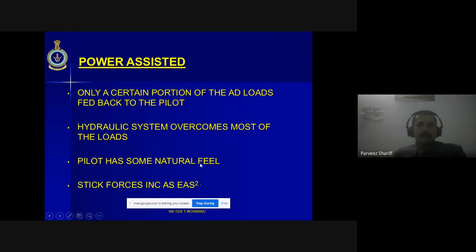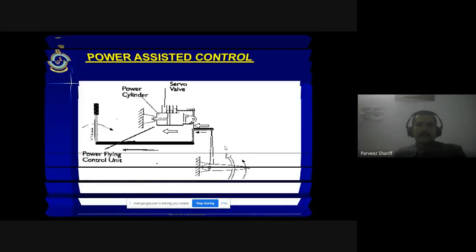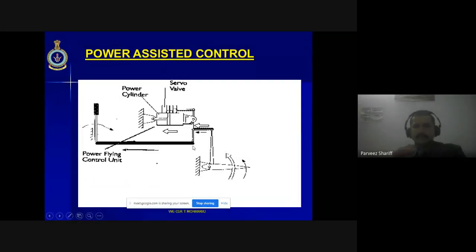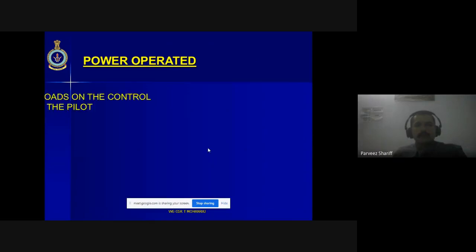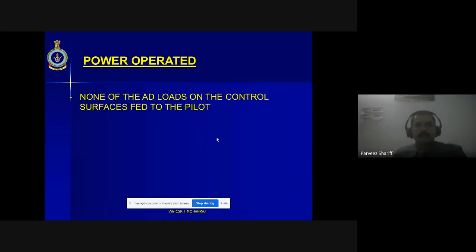Pilot has some neutral feel in this case. So this is a kind of structure which adjusts the load control of the aircraft. So basically the wing position changes. When you look at the cross section, the angle is changed so that it can fly level.